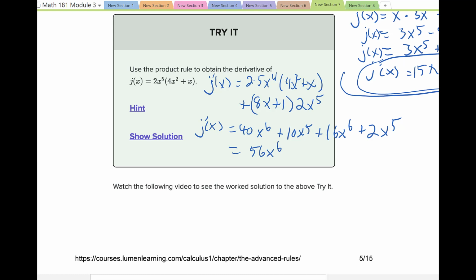That's pretty big. And then I have plus 12x to the fifth. Once again, a little math error: 10 plus 2 is actually 12, not 15. And that's it.